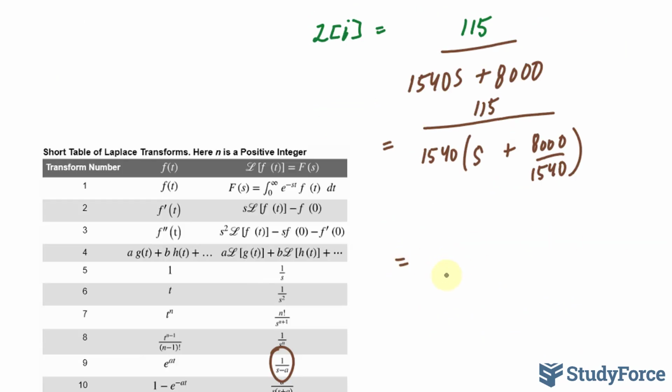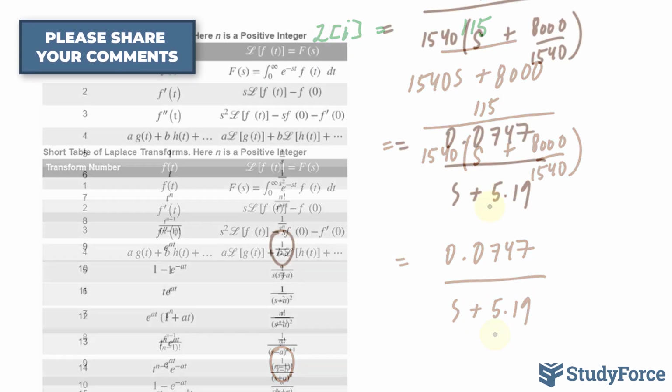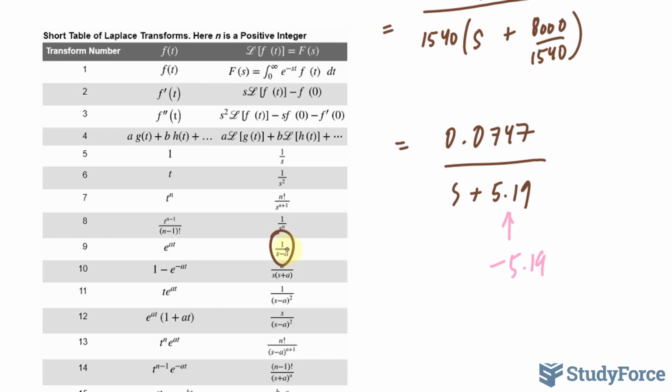This reduces down to 0.0747 over s plus 5.19. Our a value here has to be minus 5.19 because to model this, this has to be negative, and therefore our function for current is e to the power of negative 5.19 t times that top number.